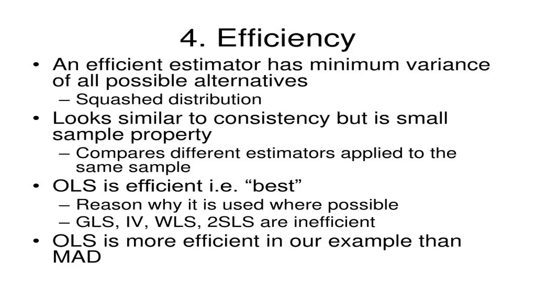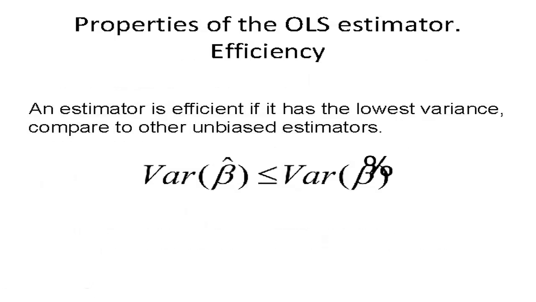In this slide, it is also given that generalized least squares or 2SLS are efficient, but OLS is more efficient in our example than MAD. So for the properties of the OLS estimator, if the variance of an estimator is less than the variance of the other estimator, then we call it an efficient estimator, and it should be unbiased also.